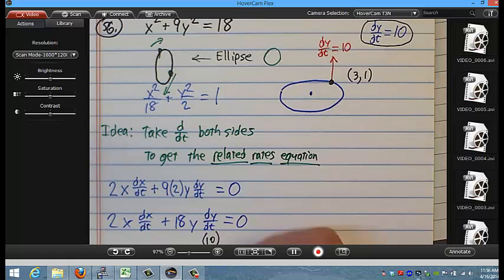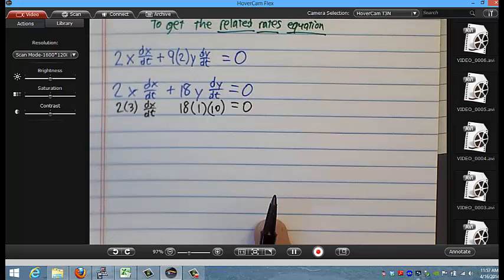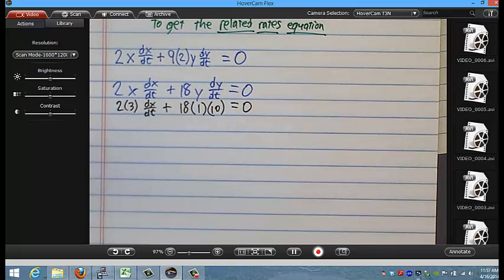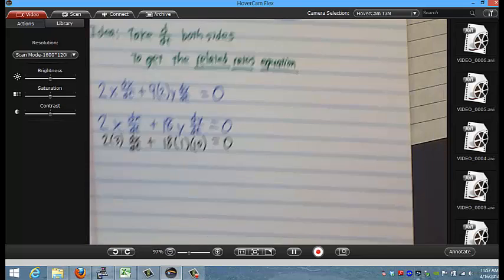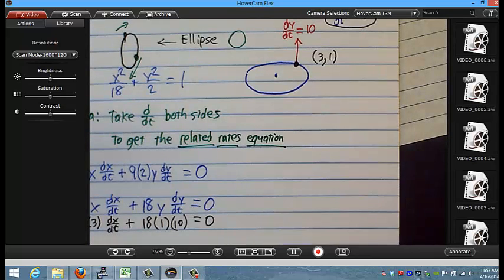Was I given the y value? We were, right? What's the y value? 1. And the only other thing I was given was the x value is 3. Matter of fact, if you look at it, the only thing I was not given was dx dt. And that's how you're able to solve for it. Okay? So I'm going to take that equation and solve that for dx dt.